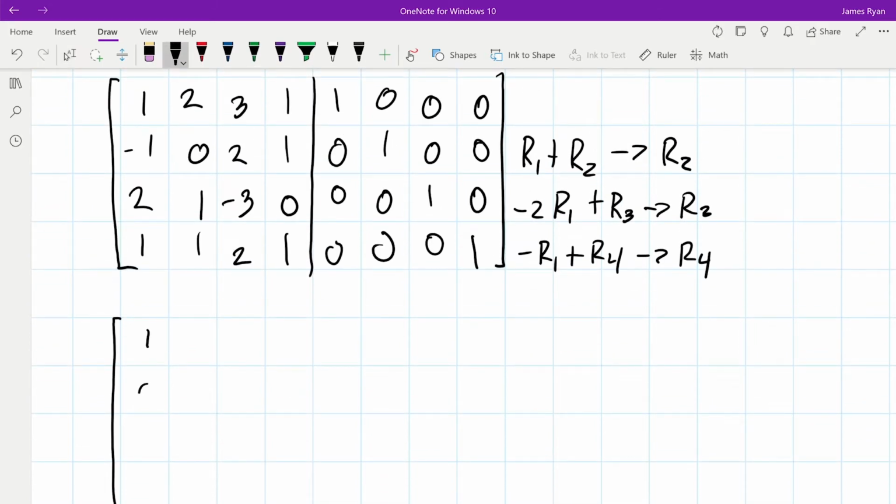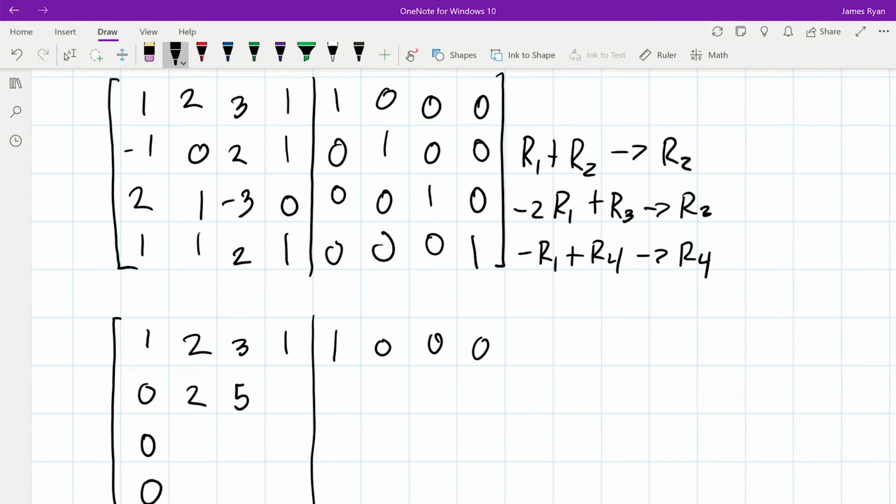1, 0, 0, 0, and then 2 plus 0 is 2, 3 plus 2 is 5, 1 plus 1 is 2, 1 plus 0 is 1, 0 plus 1 is 1, 0 plus 0 is 0. That doesn't change.